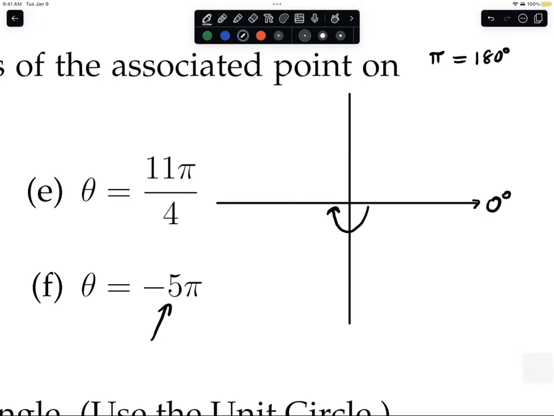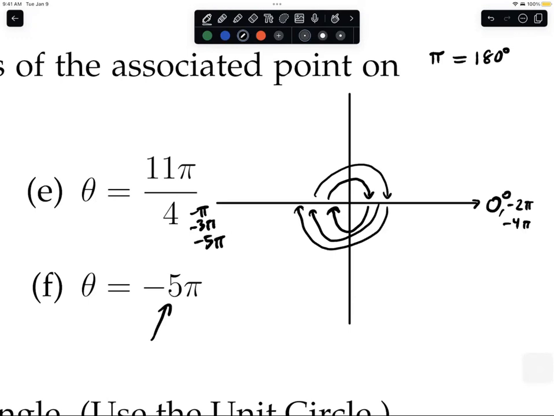That would put us at -pi. Then if we rotate clockwise again, that would take us to -2 pi. Then if we continue to rotate, this is now -3 pi and -4 pi. And -5 pi is right here.